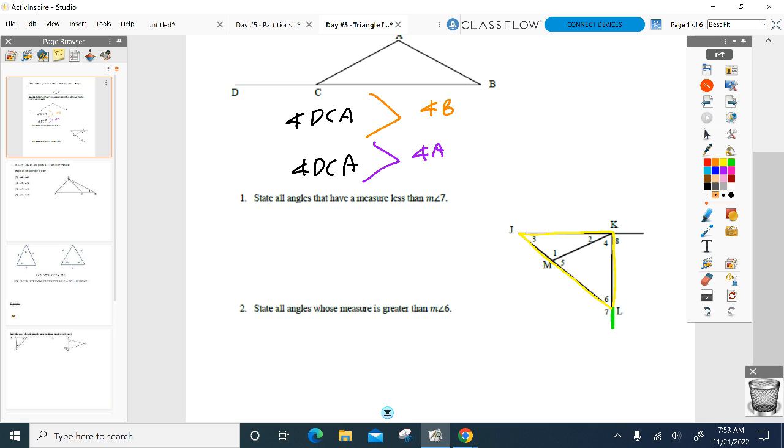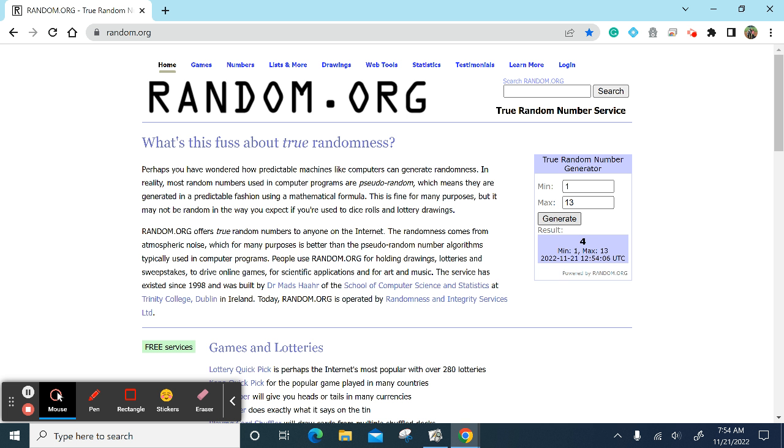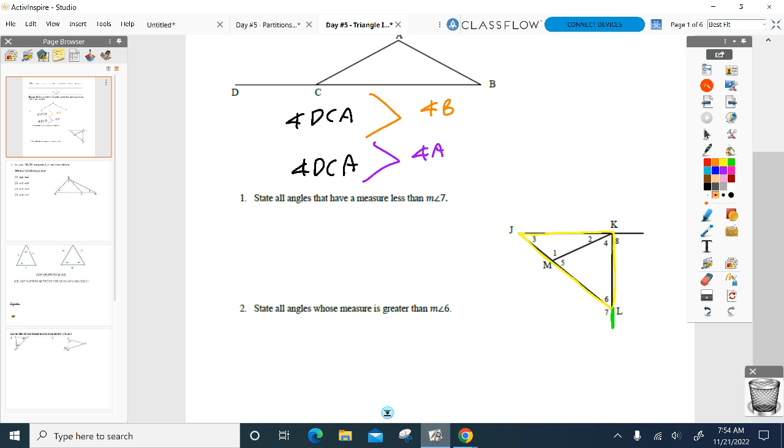If 7's your exterior, this angle and this angle would be the remote interiors for this triangle I've just highlighted. Name one of them. Angle J, I'll put 3. Yep. So everyone agree? Angle 3 is smaller than angle 7. Do we see that?